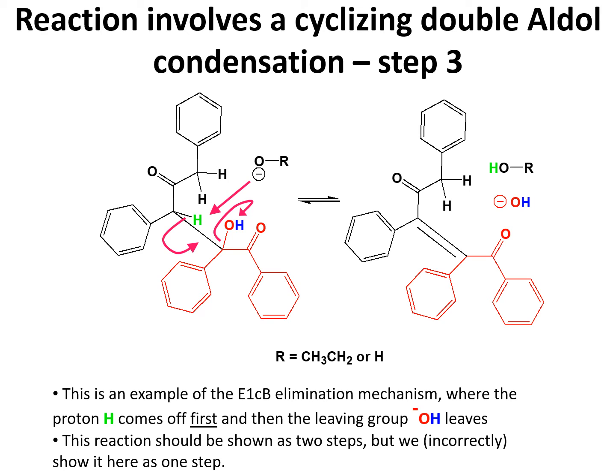In this reaction you can see two curved arrows and one straight arrow. The straight arrow is for abstraction of hydrogen. When hydrogen is abstracted, a carbanion will be formed, and then when this negative charge delocalizes and pushes the OH group to leave, this kind of reaction is actually called elimination, first order elimination through carbanion.